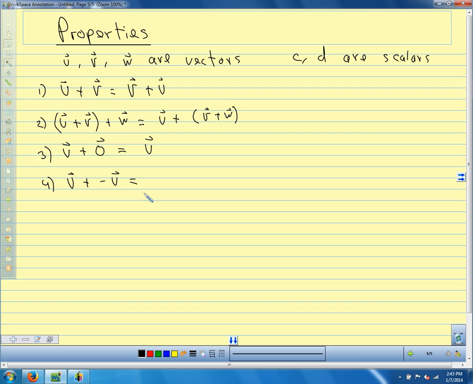What do you think we get when we add a vector and its opposite? Zero vector. So if we add U and negative U together, we get the zero vector back out. So we have an additive inverse. If we're multiplying by scalars, it doesn't matter how we do the multiplication. We can multiply the scalars together first and then multiply by the vector, or multiply them in this way.